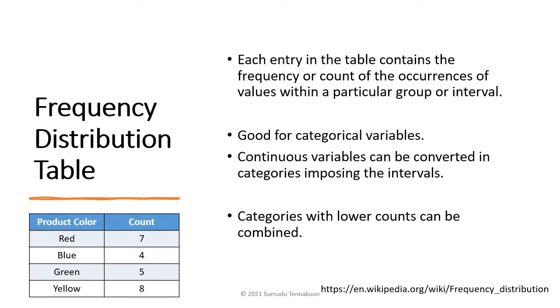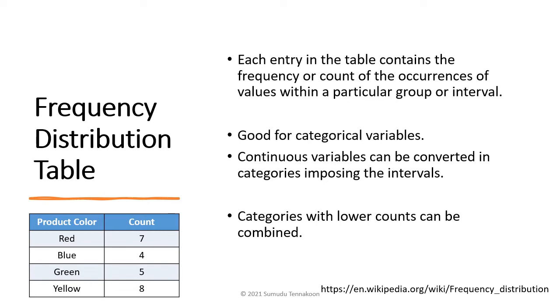Frequency distribution tables. Assume you are analyzing a product line in a factory. You want a count of products coming from your production line, and maybe they come in different colors, so we want to know how many counts. Red, blue, green, yellow are the expected colors. Assume you are working in a factory producing t-shirts.